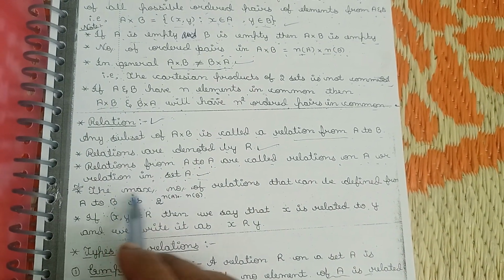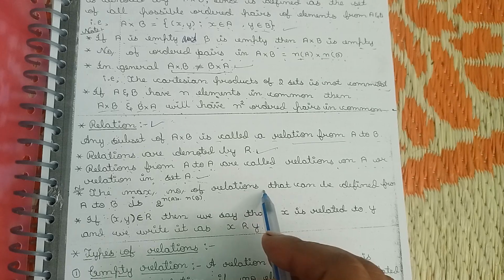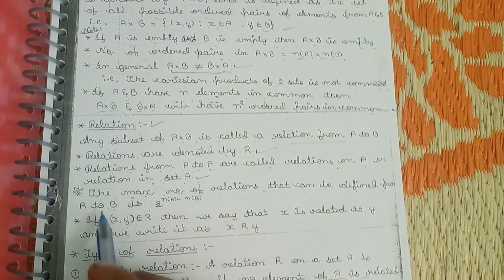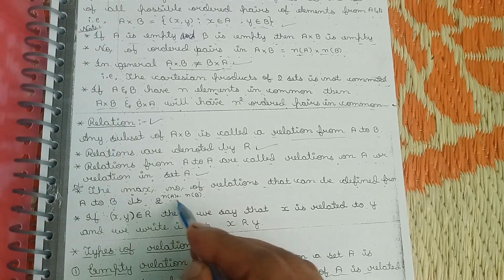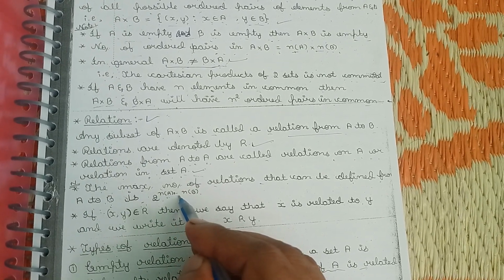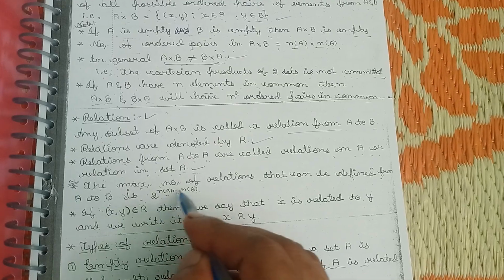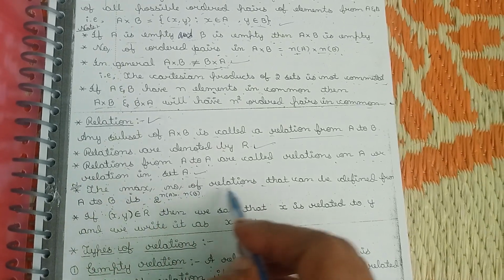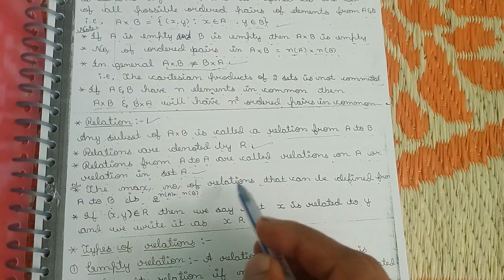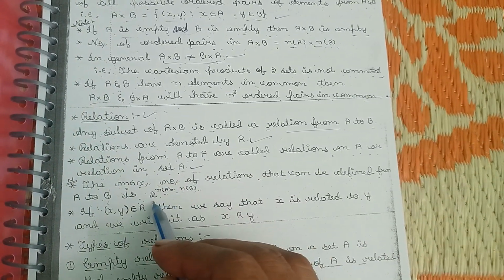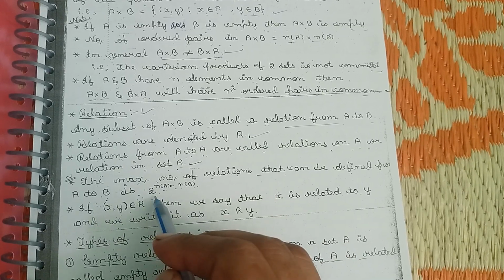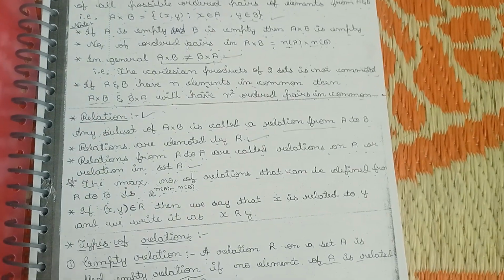Then the maximum number of relations that can be defined from A to B is 2 power n(A) times n(B). We find the maximum number of relations using this formula.